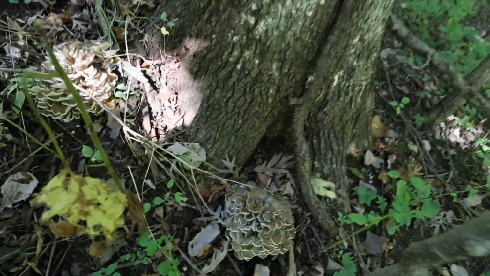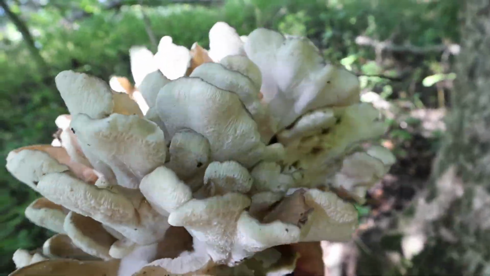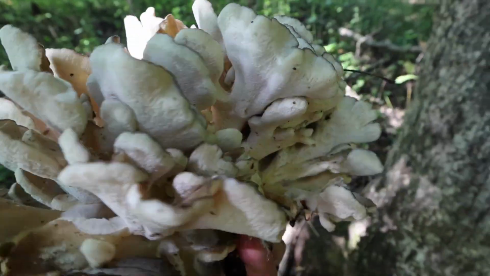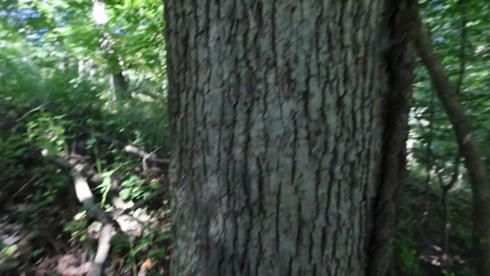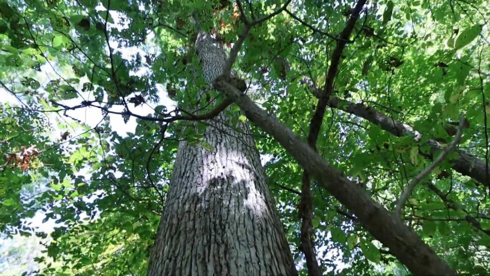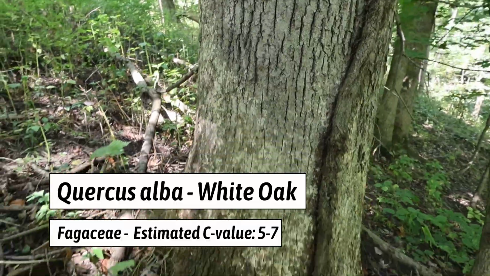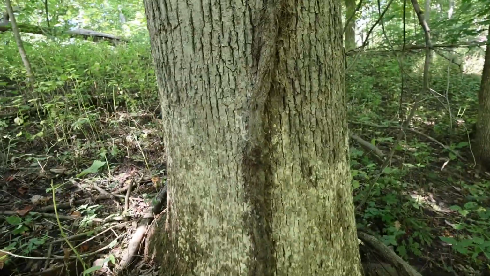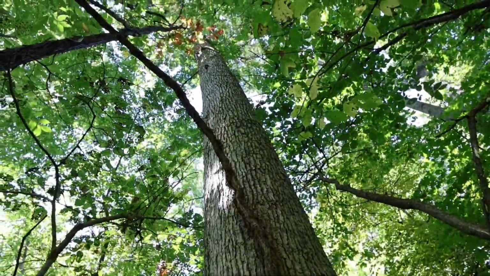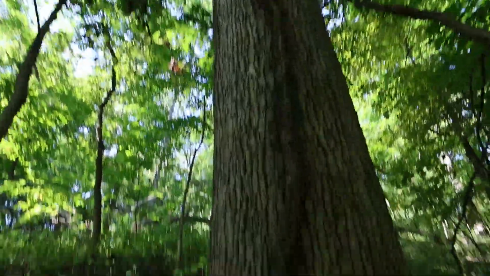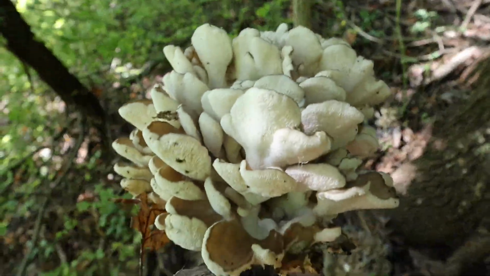Might be good to eat. It's a solid pound or more. And it does appear to be growing on a very large Quercus alba, white oak. You can look for white oak because they do have pretty pale whitish bark. A few spiders along for the ride, but I might take this one with me here.